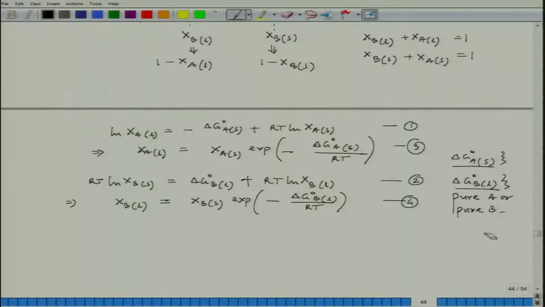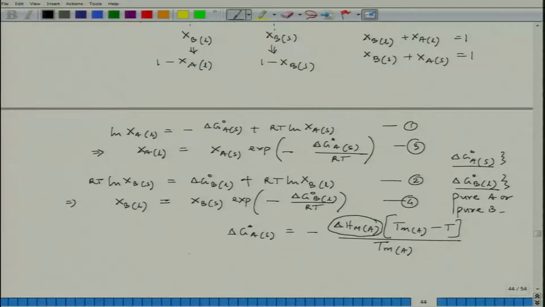Now, I can write delta G0 A S equal to minus delta HM A (Tm A minus T) divided by melting point of pure metal A. So, this minus is coming because this term is basically the enthalpy of melting for pure A.